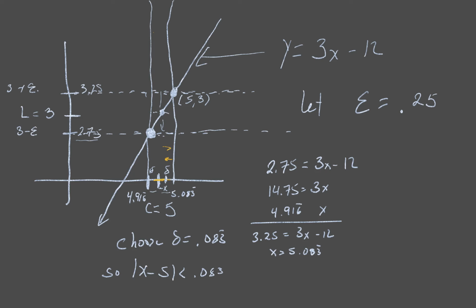So as long as x is within there, we get that L minus, we get 3 minus f of x is less than 0.25. Okay.